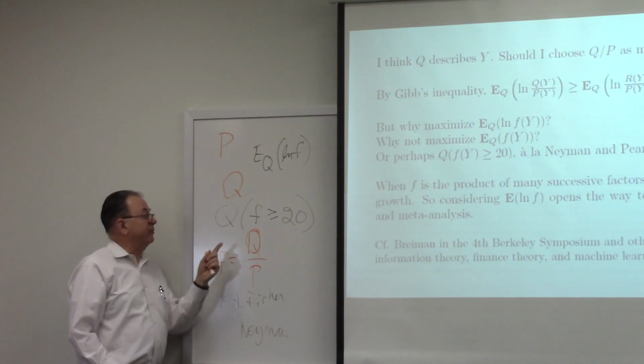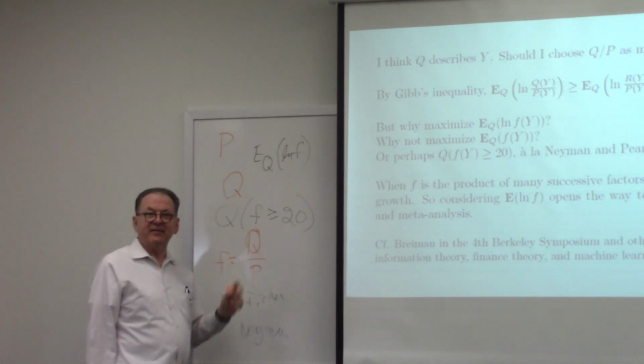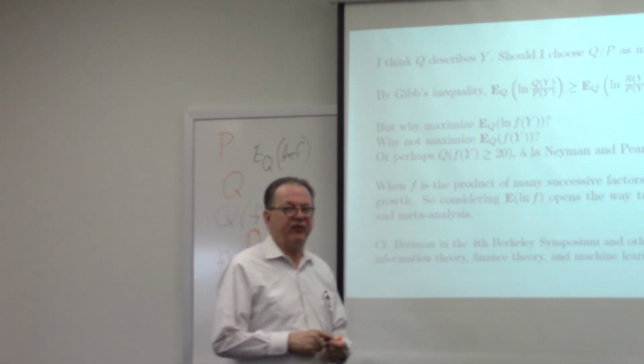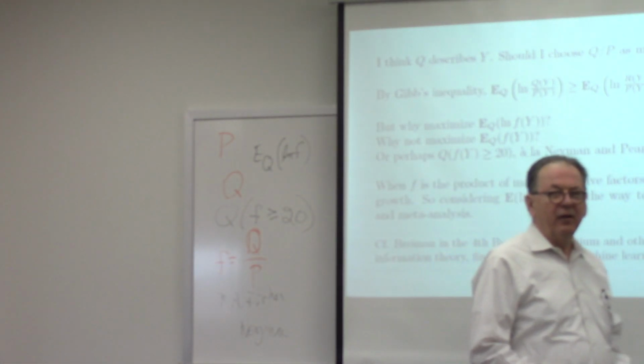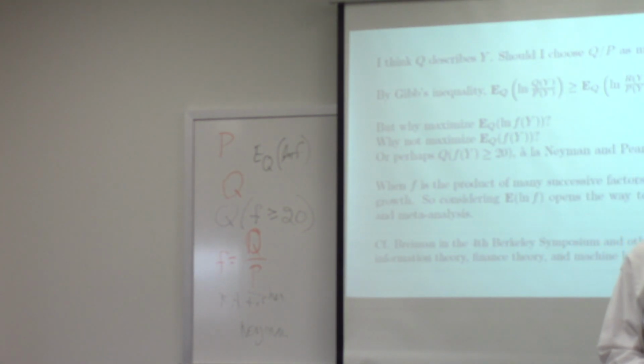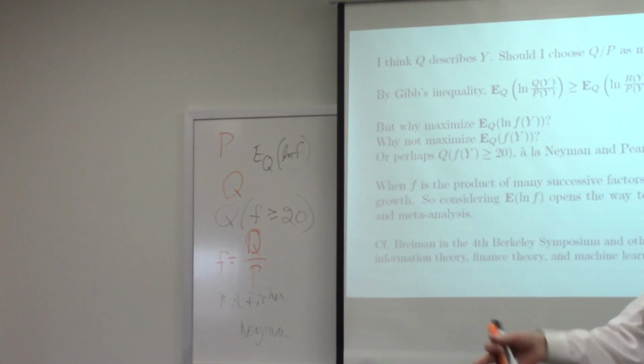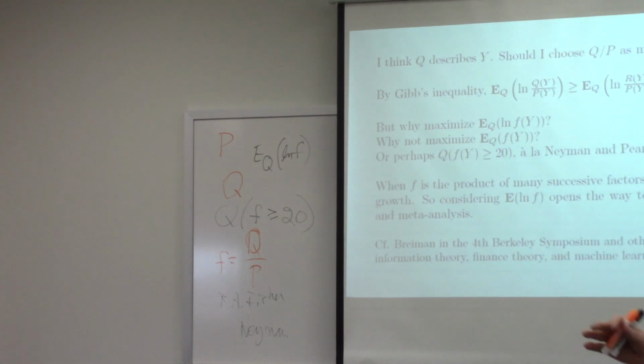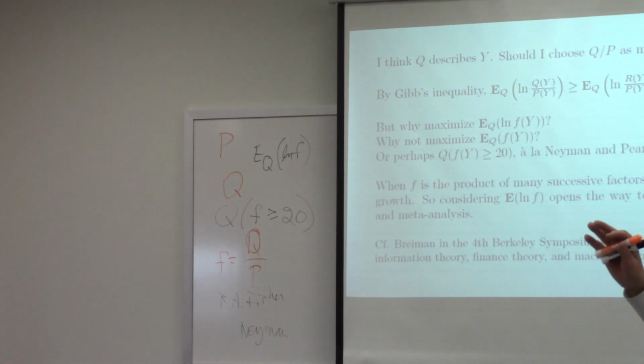Neyman was explaining that you should maximize this. And Fisher said, that works okay for acceptance sampling, for a manufacturing plant deciding whether to throw out or keep something coming off the assembly line. But that's not for science. In science, you're not making decisions. You're trying to find what the evidence is.